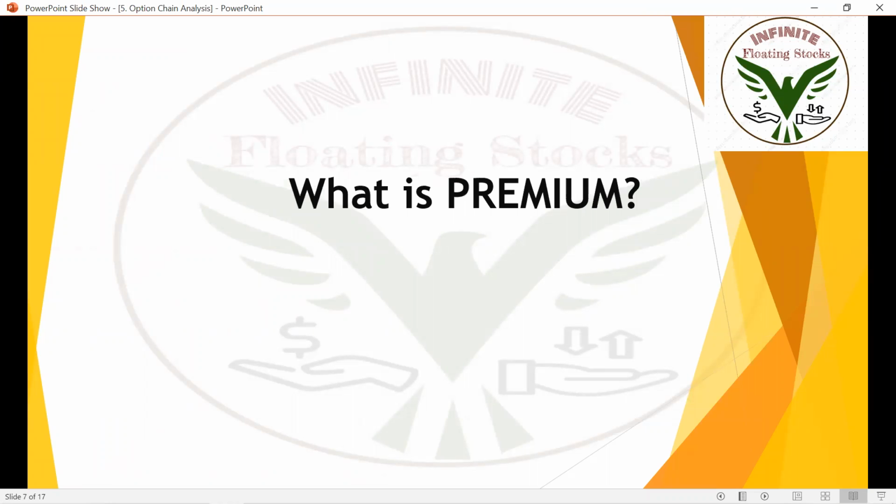Okay, so what is premium? You already know what a premium is. Premium is just like a token amount which you are going to pay to get the right. I already explained this with the building example, the car insurance company example, the Tata Motors stock example, and the farmer and shop owner example as well.